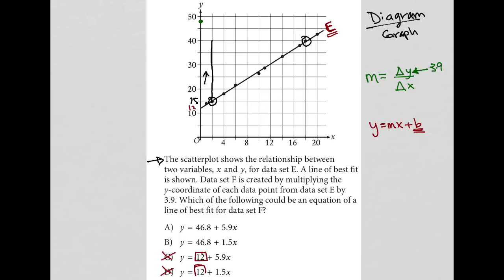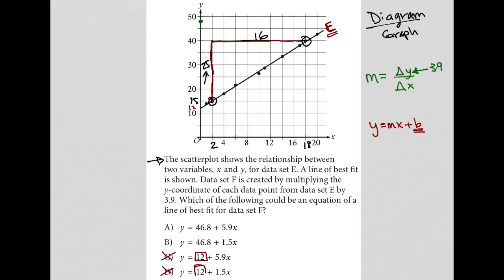So that's going up 25 units. And then it looks like I'm at 2 here for my x value, and I'm running over to 18. So that's a run of 16, and maybe I should have used a different color, right? So I went up 25, and I ran 16.